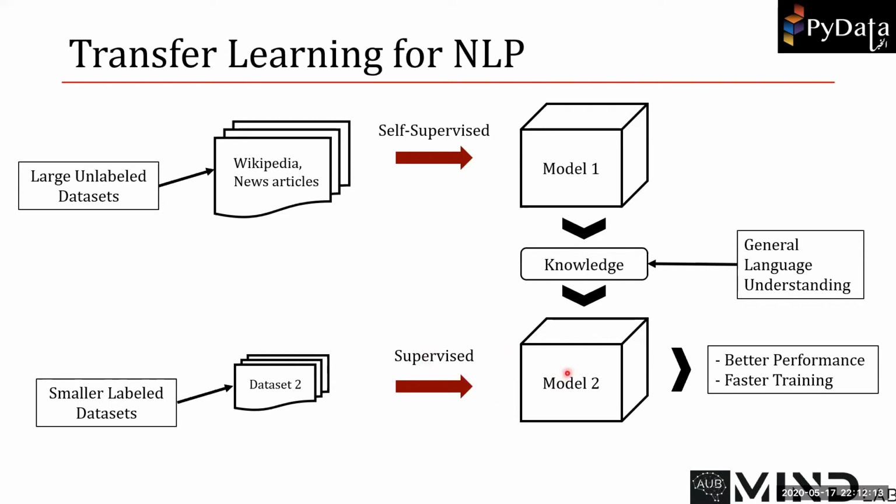And at the end, we will generally get a better performance, and also we have faster training. Because we already initialized our second model from the knowledge of the first model. And this is generally how transfer learning works in NLP.